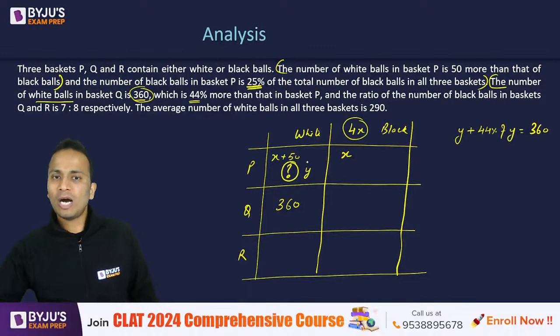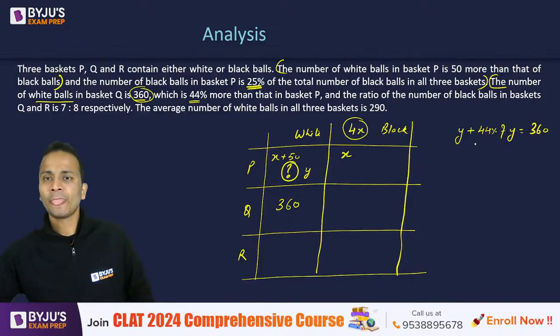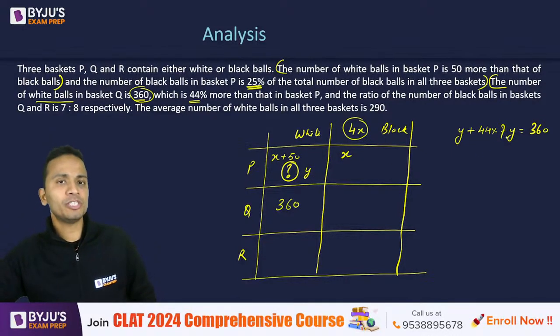Okay. So अगर मैं basket P का value y ले लेता हूं, it was x plus 50, but मैं अभी इसको y consider कर रहा हूं. So y plus 44% of y is equal to 360. So 44% means 44 upon 100 or 0.44. इसमें y को add करेंगे, so it will become 1.44 into y is equal to 360.